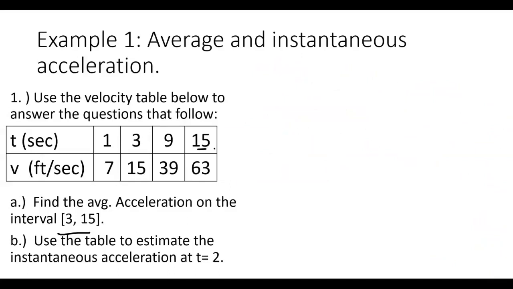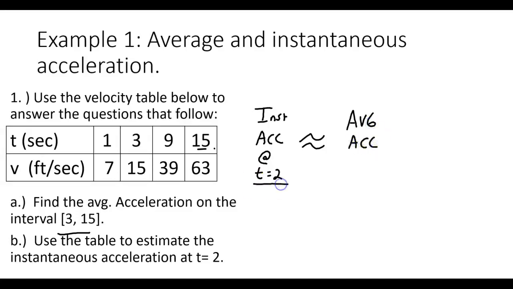All right, so use the table to estimate the instantaneous acceleration at t equals 2. So my instantaneous acceleration at t equals 2 would be really close to, or approximately equal to, the average acceleration for the two time values that are closest to t equals 2.